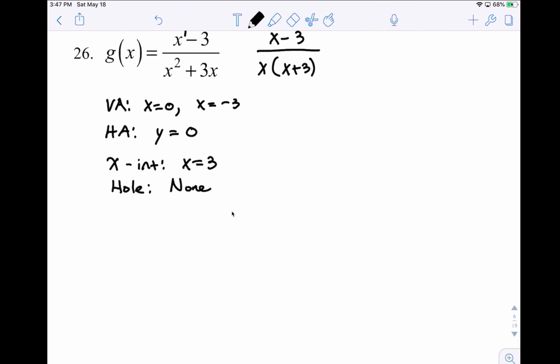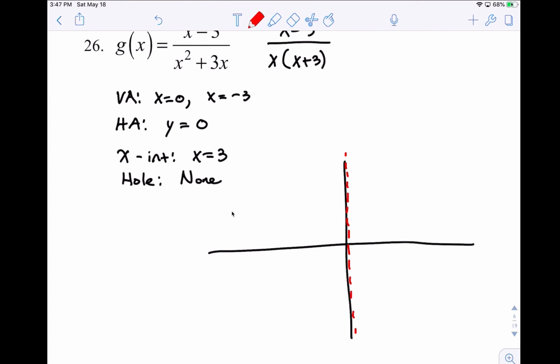So I'll do my asymptotes first. So one there at 0, one there at -3, and then one there at y equals 0, and then the x-intercept here at +3.